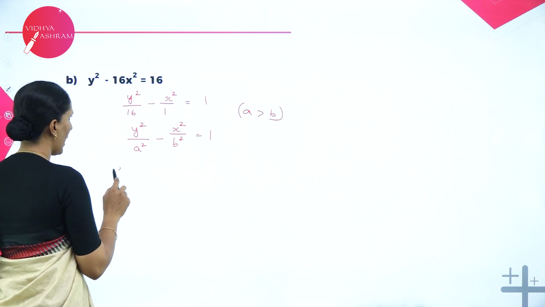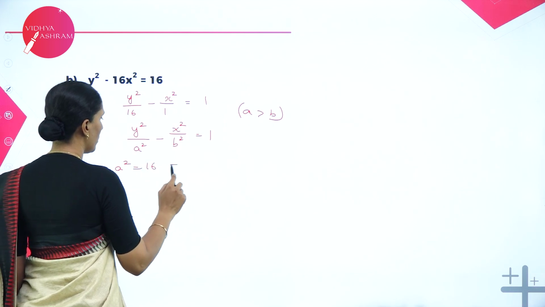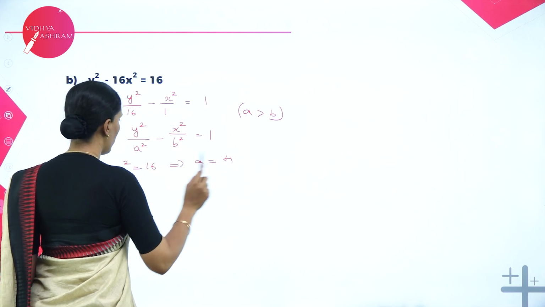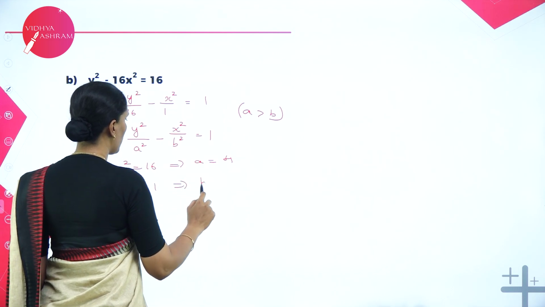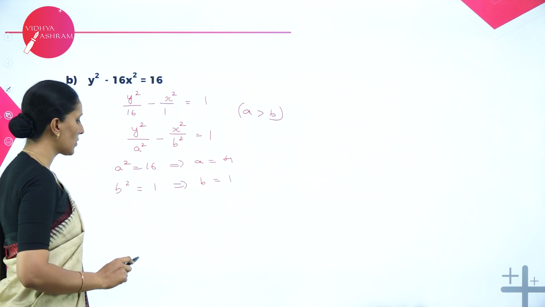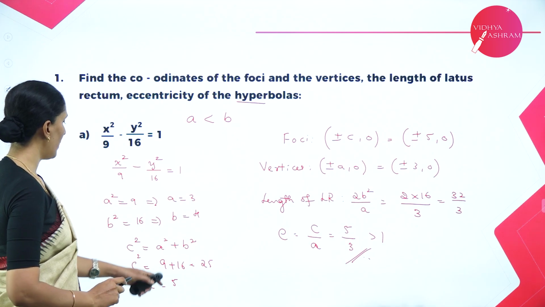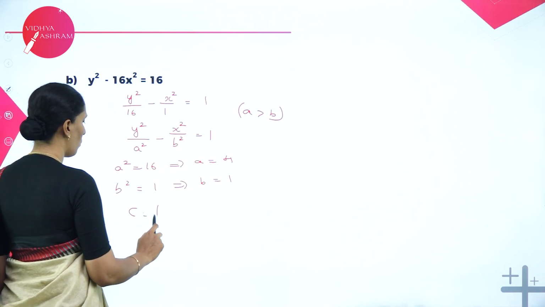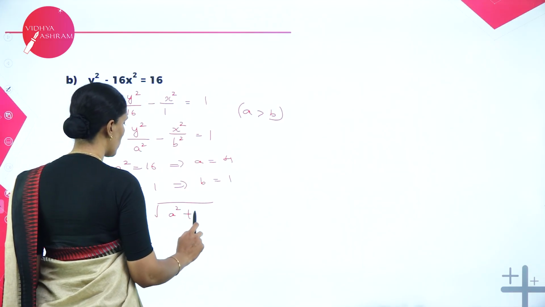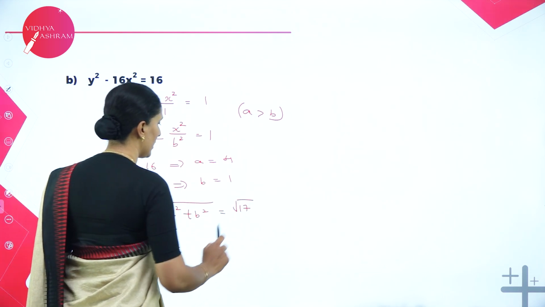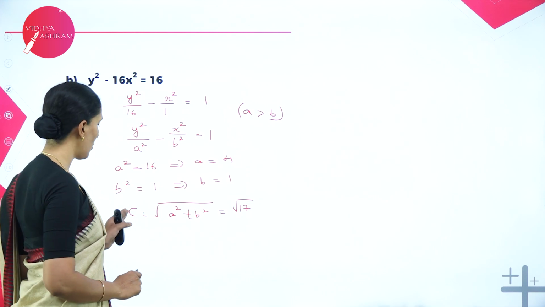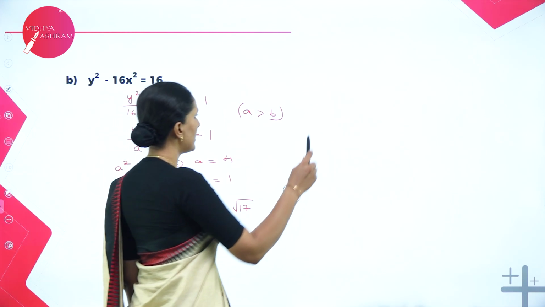Now we have a square is equal to 16, which implies a is equal to 4, and b square is equal to 1, so b is equal to 1. We need c, which can be written as c is equal to root of a square plus b square, which is root of 16 plus 1, so we get root 17. So root 17 is the value of c. Now let us decide the foci.